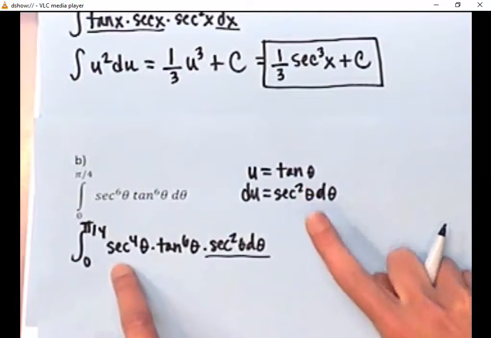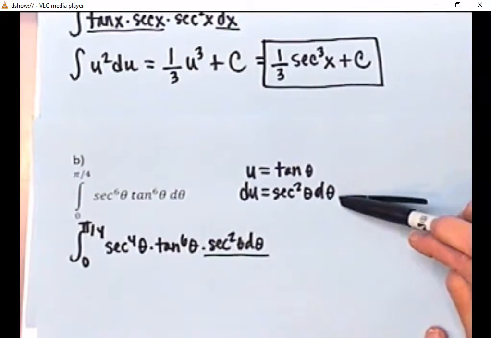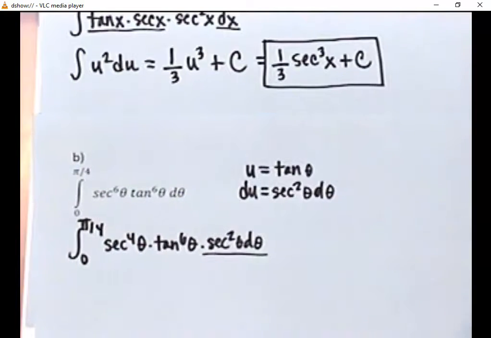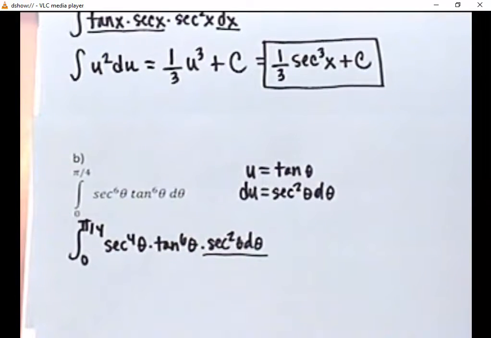But what am I going to do with these leftover secant to the 4th? Because they're not u, right? And I don't want to have any more than I have for du. And they're not tangents. What did I do when I had leftover sines and cosines and I wanted to replace the other one? Power reducing, we can use it.